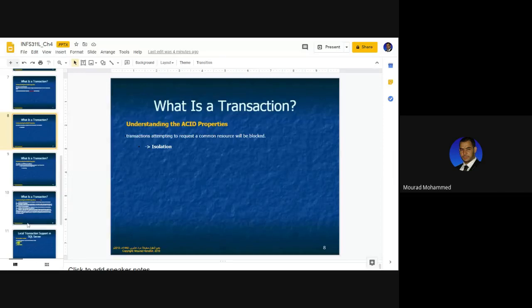The third property is the isolation. Let's talk about the same example, which is the ATM machine transaction, where we are going to withdraw the money.